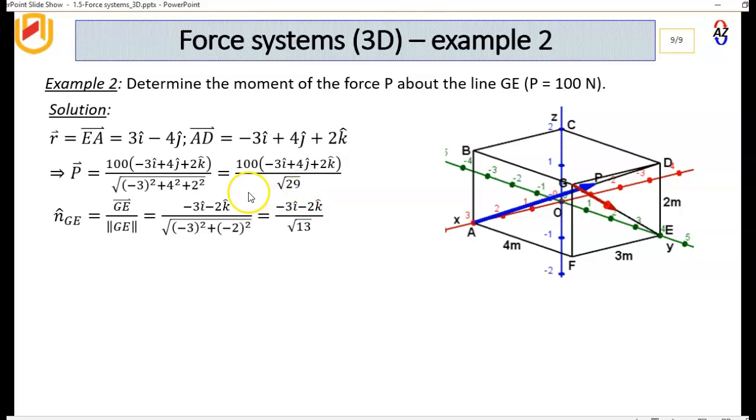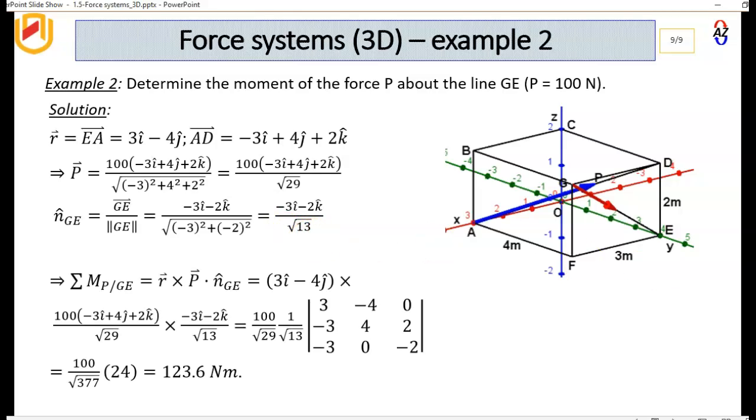And then we have to get the unit vector in the direction GE. So GE is minus 3i minus 2k, and then we divide by its magnitude, which would be the square root of minus 3 squared plus minus 2 squared, and we get minus 3i minus 2k divided by root 13. So the moment of P about the line GE will be R cross P dot N_GE.